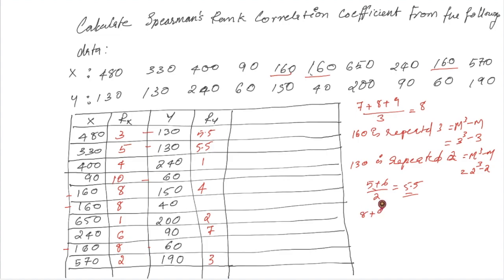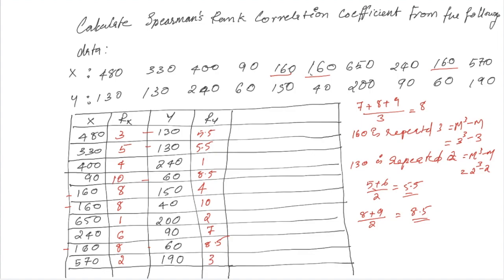So 8 plus 9 divided by 2 will give us a value which is 8.5. So here also we have to give 8.5, 8.5 and 8.5. And the last value, which is 40, will be ranked 10. Now this is how we rank when we have repeated values coming in.